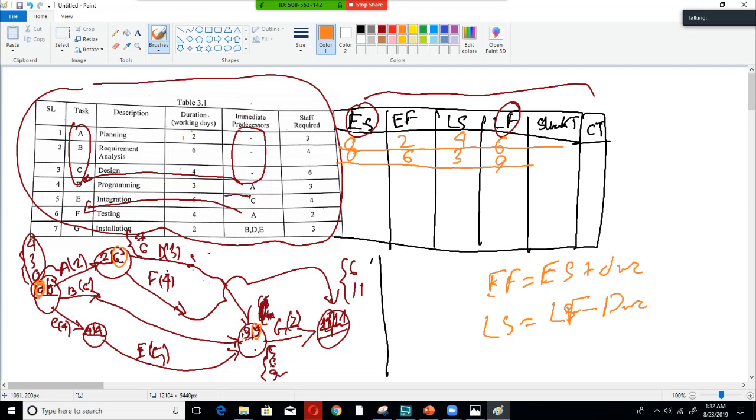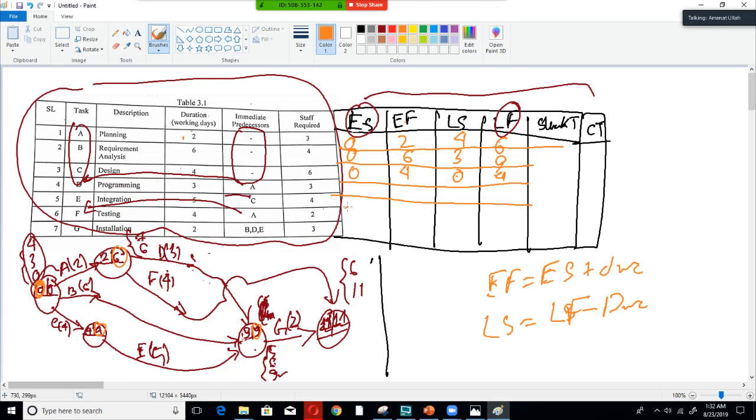So for C the value will be, for C the ES will be this 0 over here, so 0, and this 4 over here, so 4, and the duration is 4, so this will be 4, this will be 4 minus 4, 0.